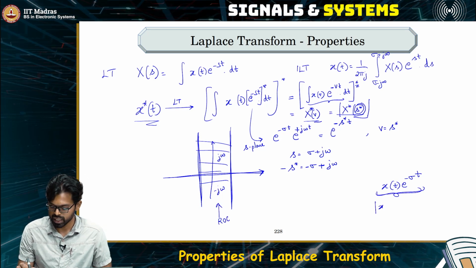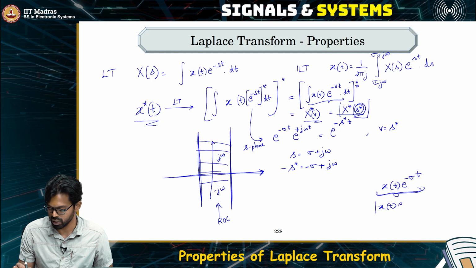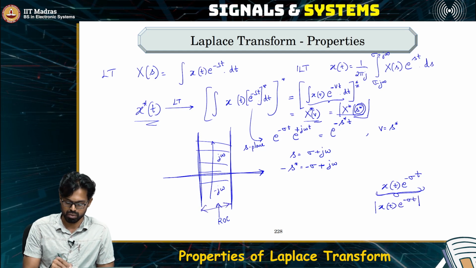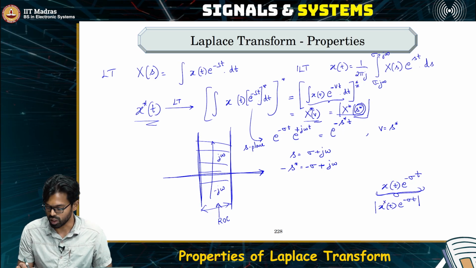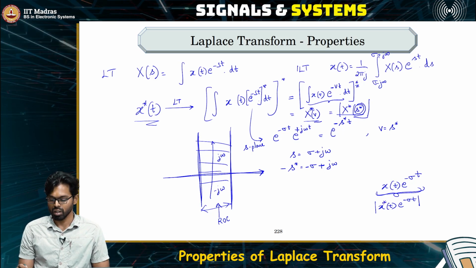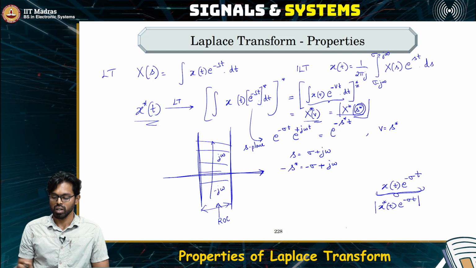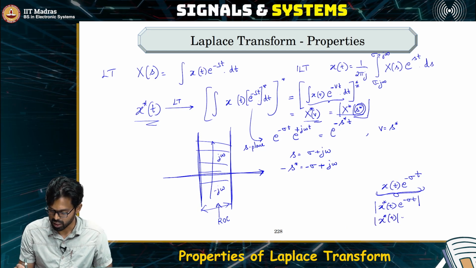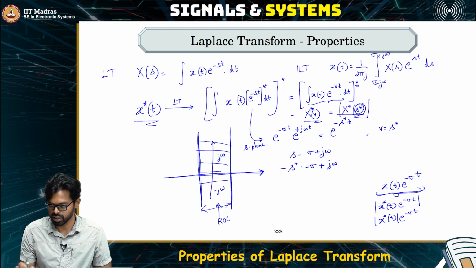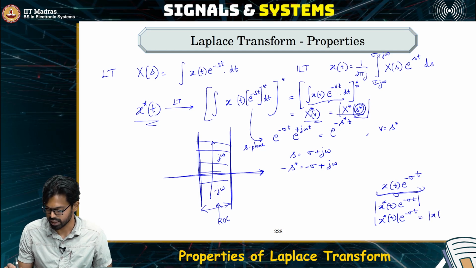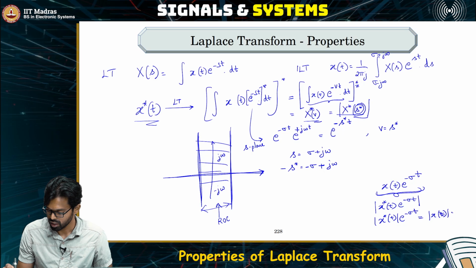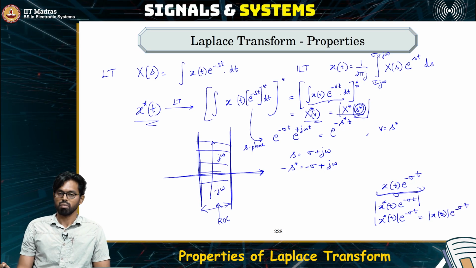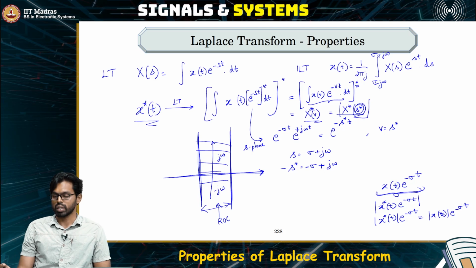Then it obviously means that this is absolutely integrable inside a particular ROC. And if you take its conjugate, obviously the conjugation does not change the magnitude, which means x star of t times e power minus sigma t, which gives the same magnitude as x of t e power minus sigma t, should also be absolutely integrable.